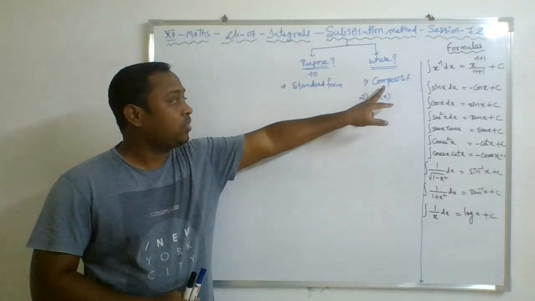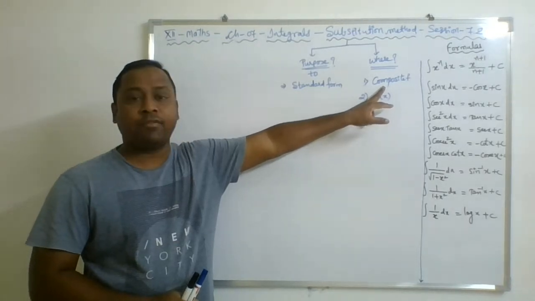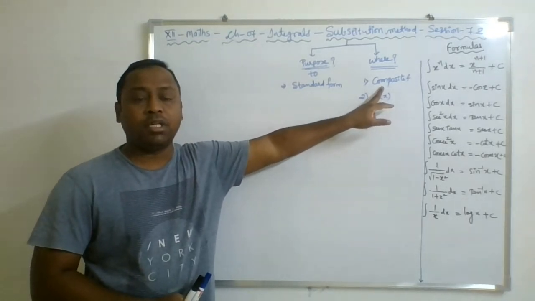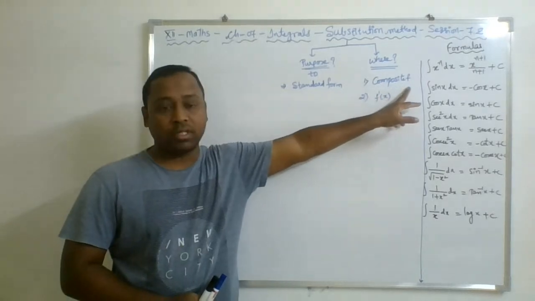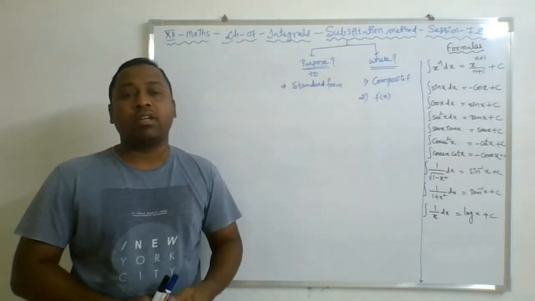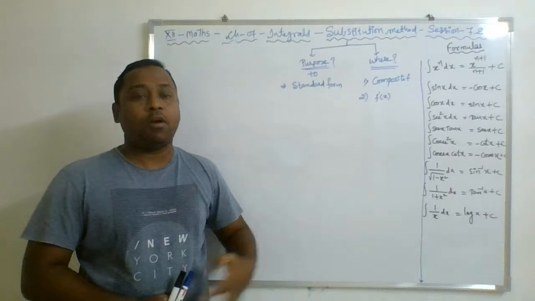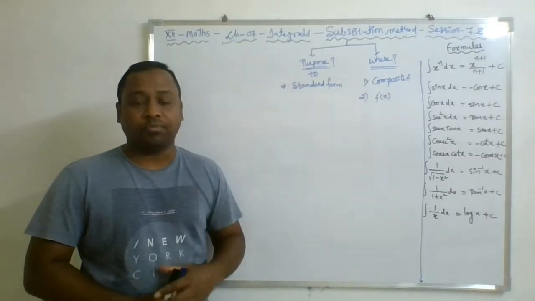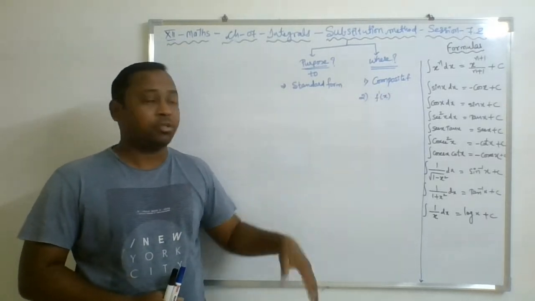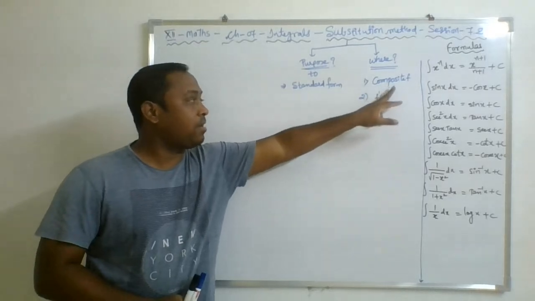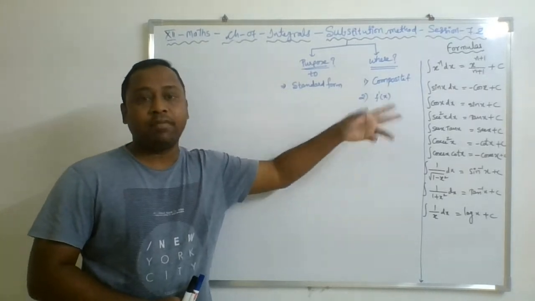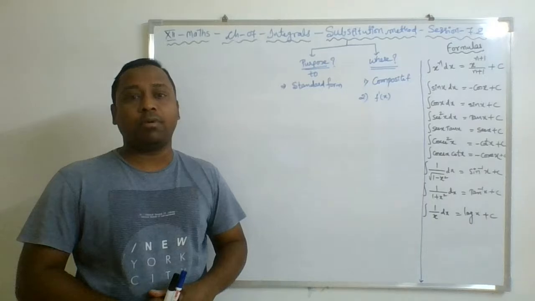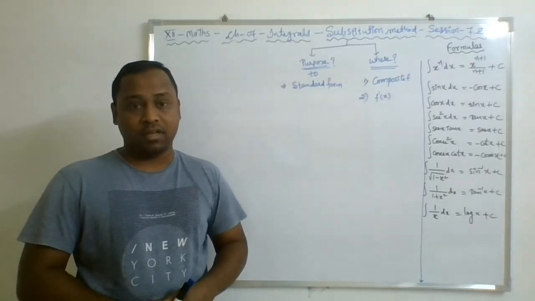First, the substitution technique will work where the function is in the form of a composite function, a function of a function. Second case, apart from that, if the derivative of the function is available in the function itself, right?